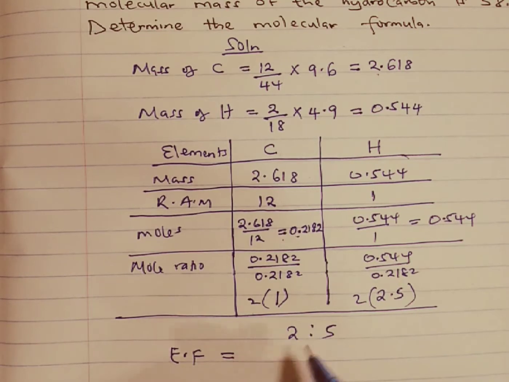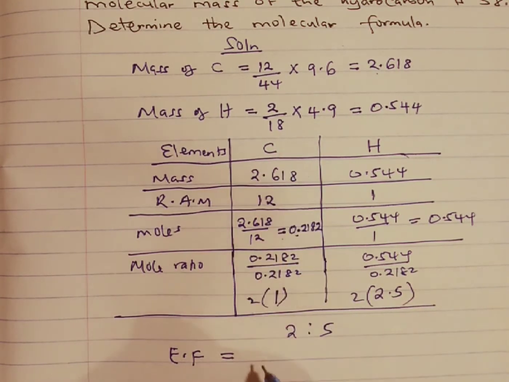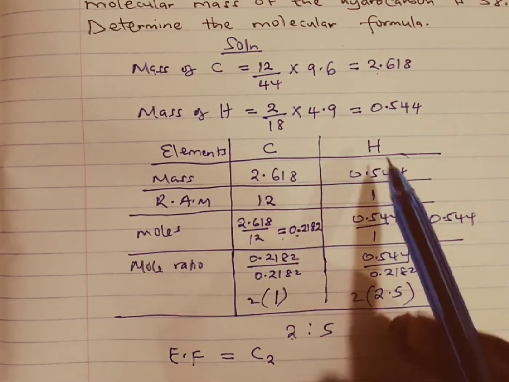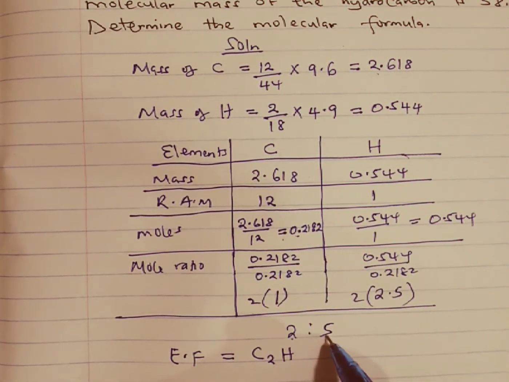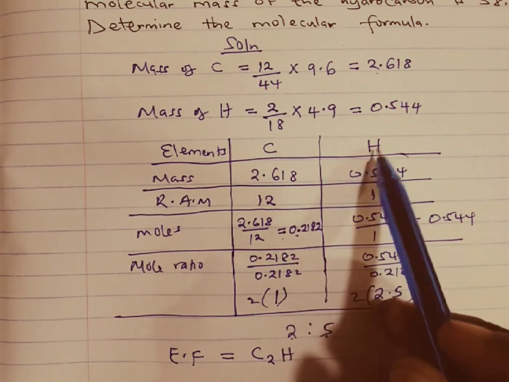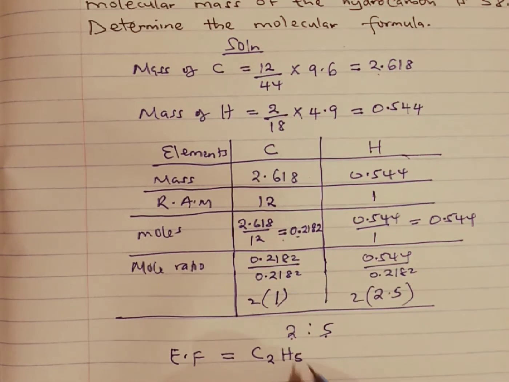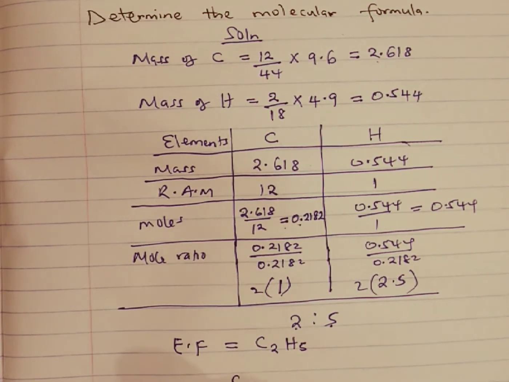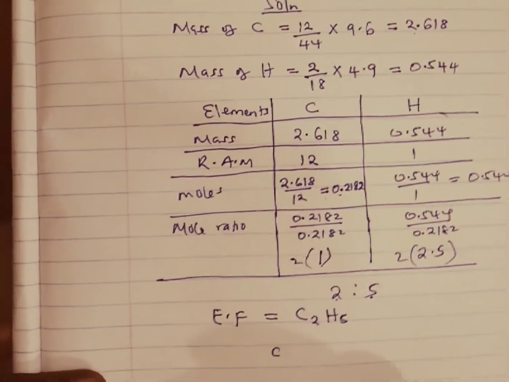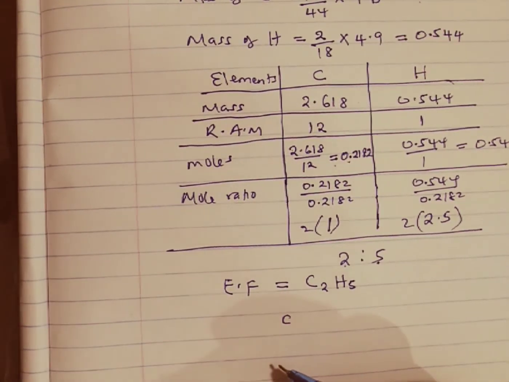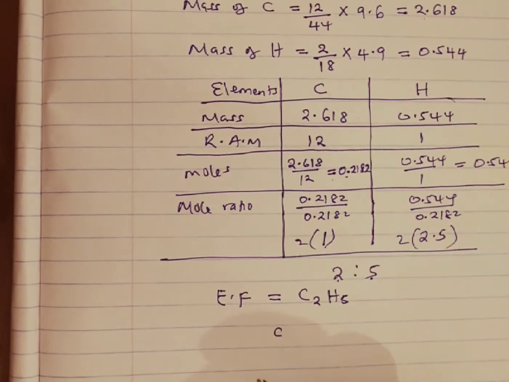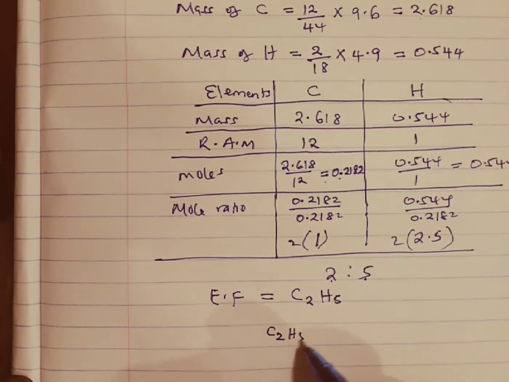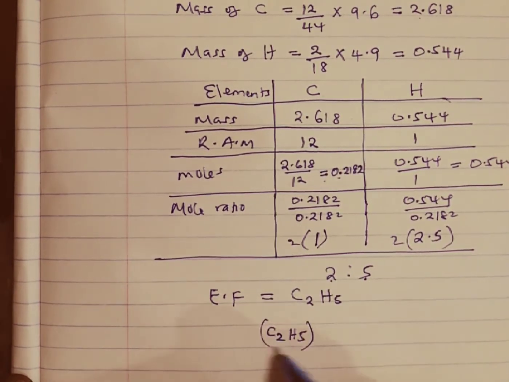The empirical formula is going to be equal to carbon. We have 2 atoms of carbon. Then of course we have 5 atoms of hydrogen, so we write it as H5. So if you take the empirical formula, which is C2H5, we multiply by n.